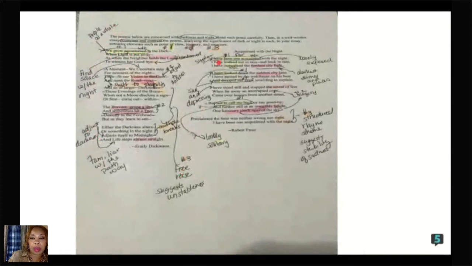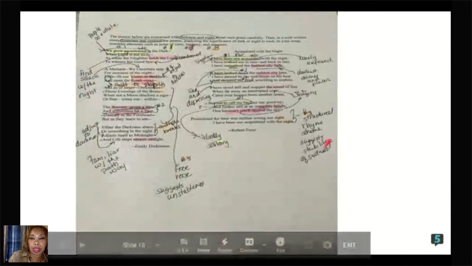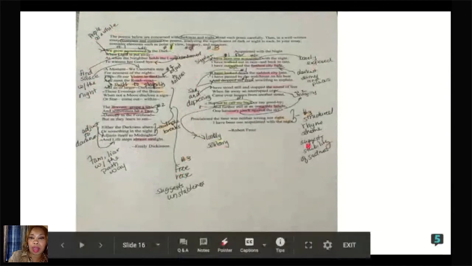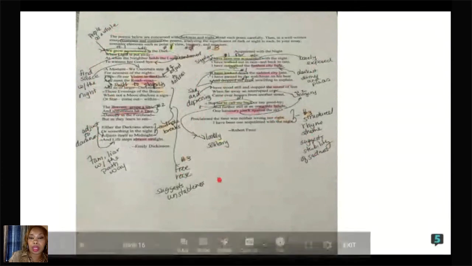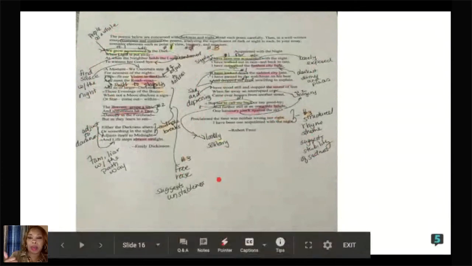So this helps me with my commentary, the words on the sides and the margins, and the highlighting and circling and writing in the middle on the poems helps me with my text evidence. So if you understand everything we've gone over so far, give me a thumbs up.